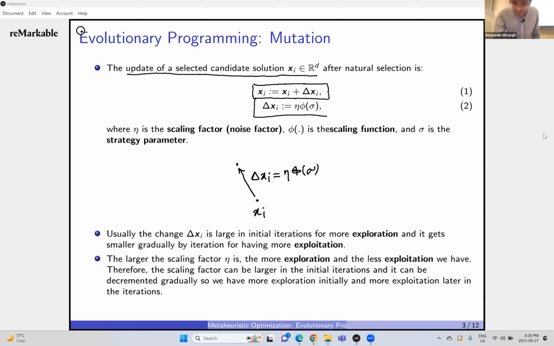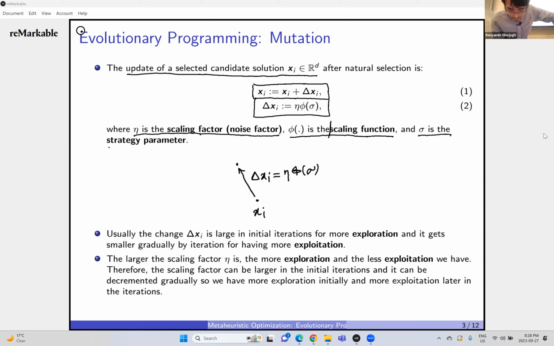Delta Xi is defined as eta times some function phi with some parameter sigma. Okay, I'm going to explain what these are. Eta is called a scaling factor, also called noise factor. Phi is a function, and that's called scaling function.